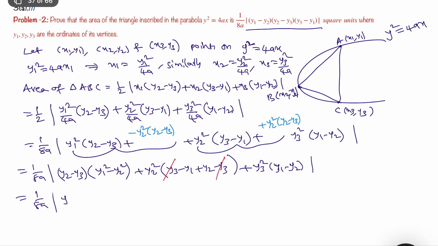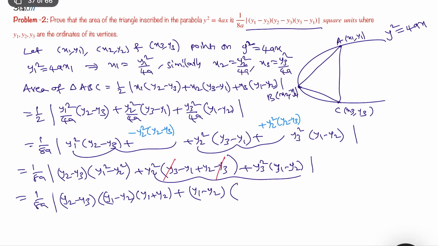Here, y2 minus y3 times this y1 square minus y2 square, I can write as (y1 minus y2) times (y1 plus y2). Now if I take y1 minus y2 common from these two terms, I will have here y3 square minus y2 square. Again 1 by 8a times.